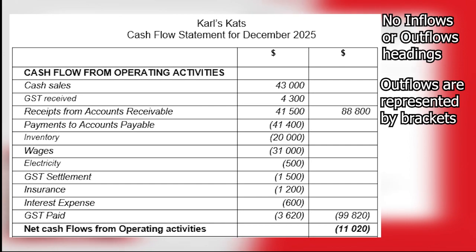And we can see here the subtotal of all the cash receipts in the operating area are 88,800. Meanwhile, the cash outflows or the cash payments or the brackets total 99,820. Deduct the outflows from the inflows, and we see we're left with $11,020 in cash outflow, or a net cash outflow for operating activities. And that's going to be in brackets, and we bold that. And we keep that bold in mind because that is important at the end.